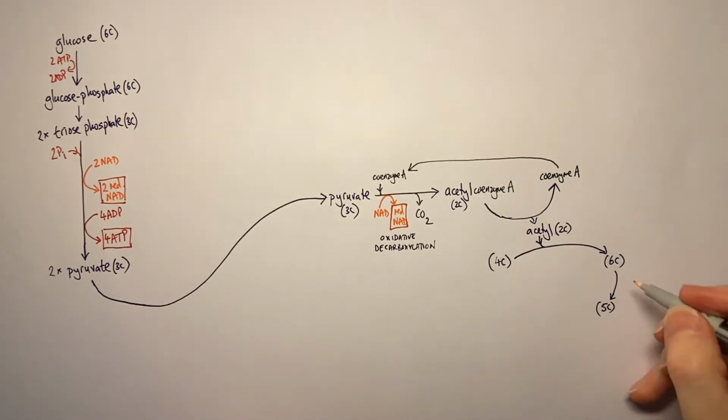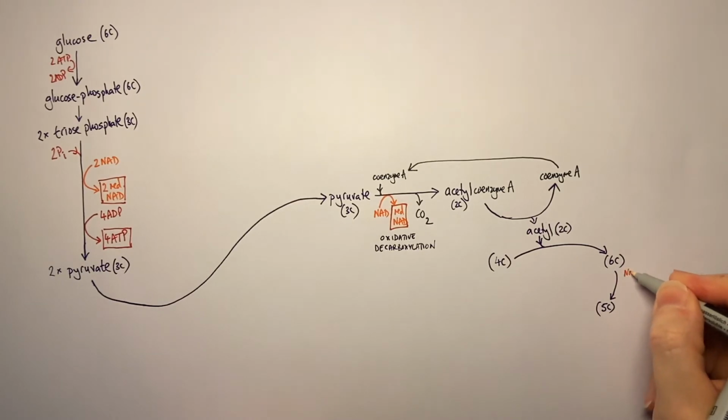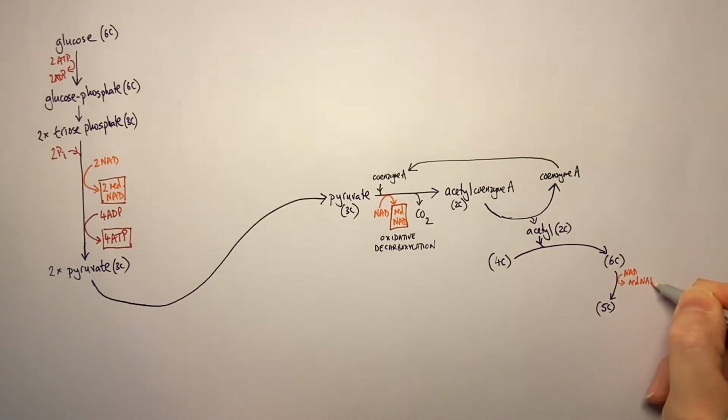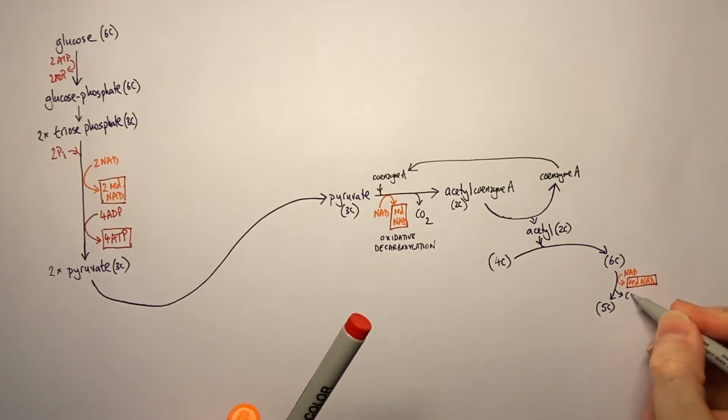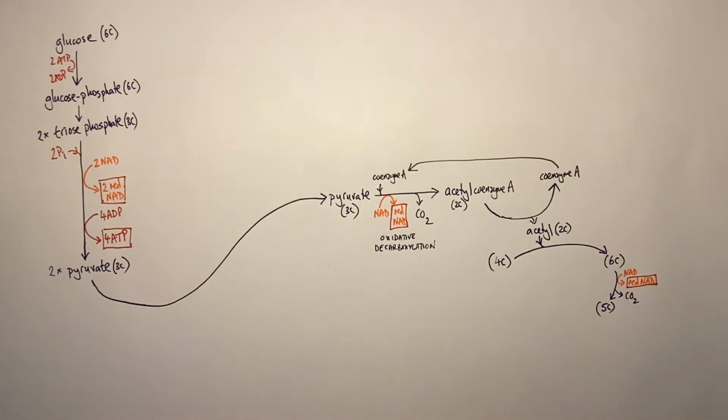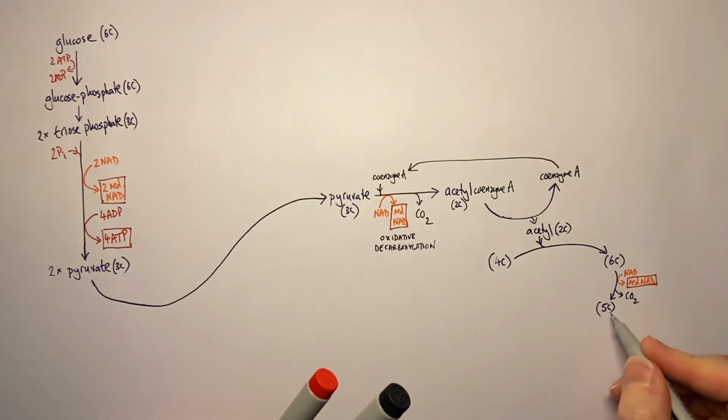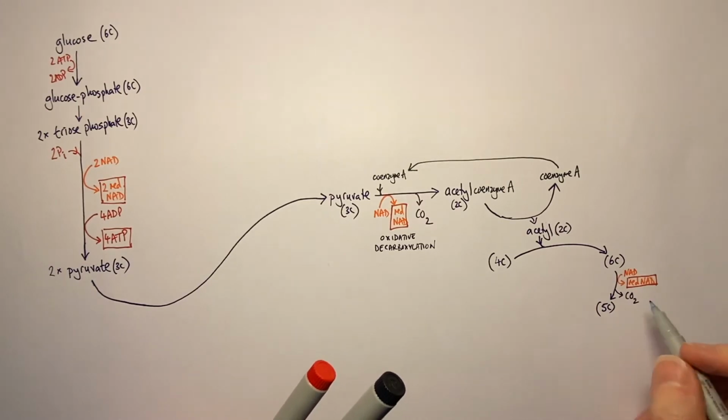And to do that, first of all, it loses a bit of hydrogen to form reduced NAD, which is important, and it loses some carbon dioxide as well. And of course, the result of that is that this molecule is a 5-carbon compound.